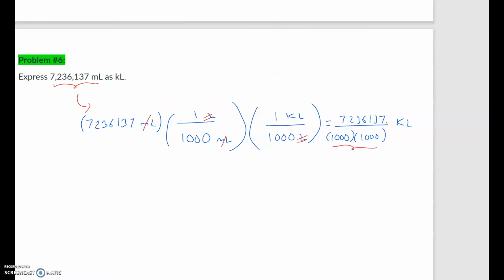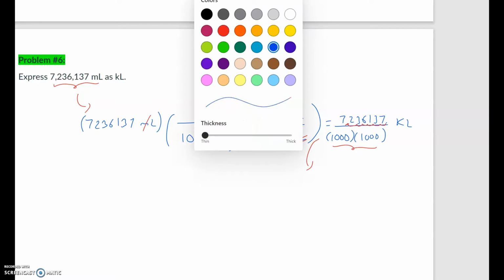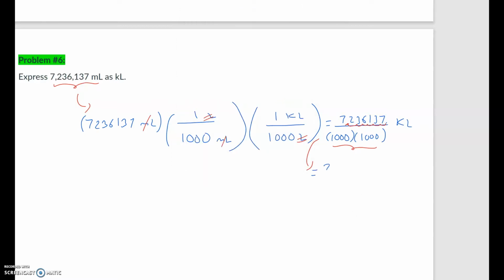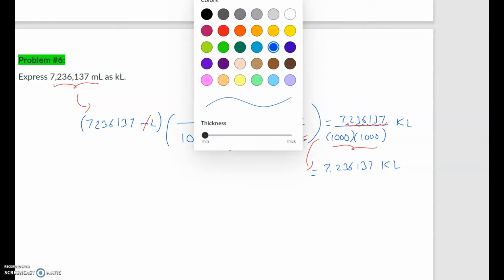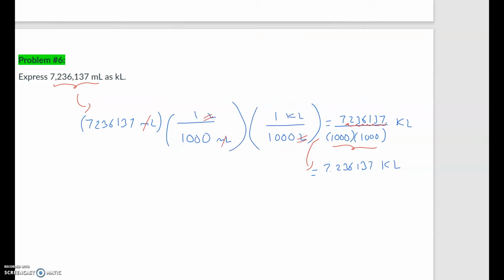You're going to have a total of 6 zeros. So in the division, 1, 2, 3, 4, 5, 6, this will be equivalent to rewriting it as 7.236137 kiloliters, which is technically the equivalent of dividing by that multiplication.